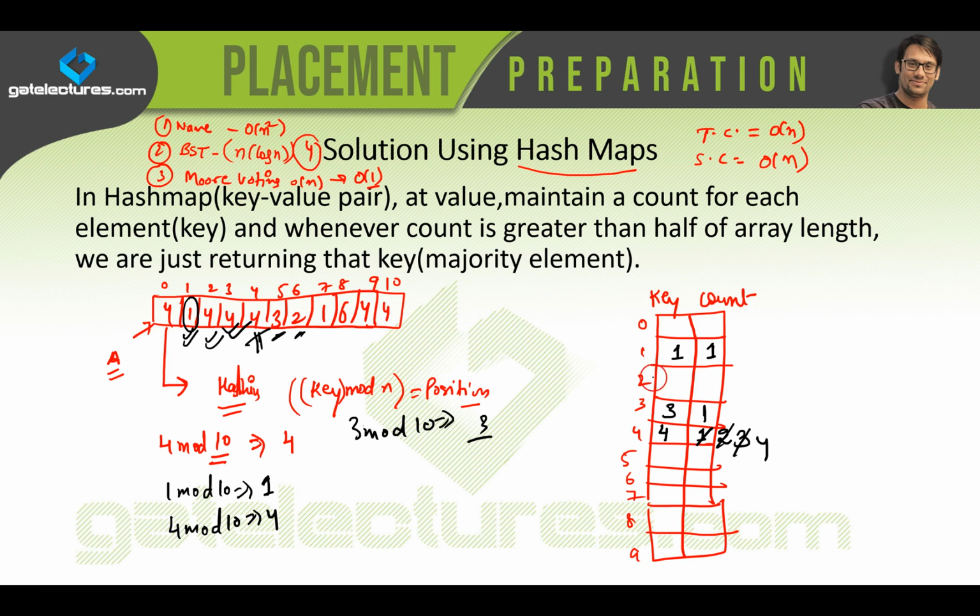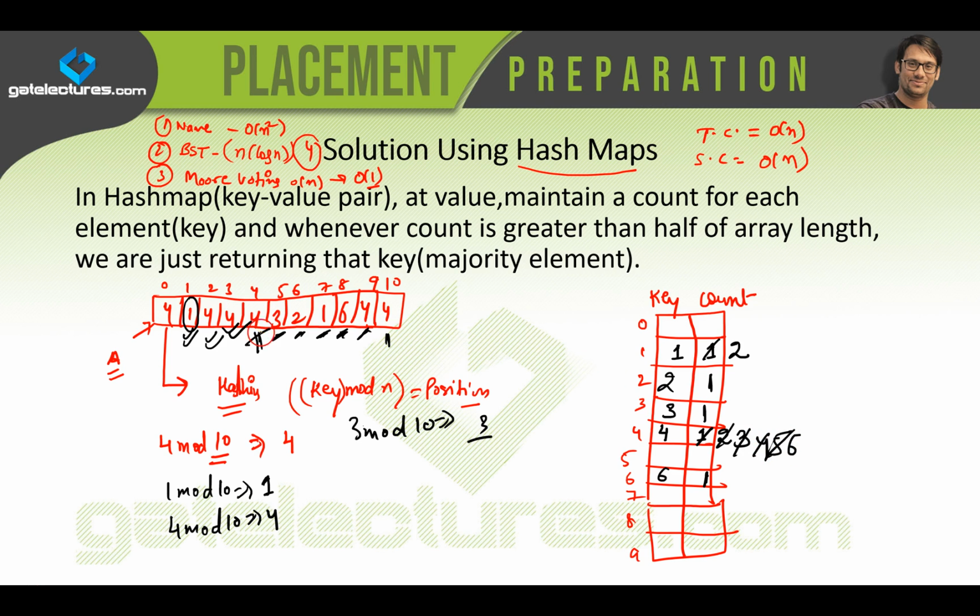Next number is 2, so 2 will be stored here and the count will be 1. And the next number is 1, so 1 is repeating again, therefore the count of 1 will become 2. Next number is 6, so 6 will be stored here with the count 1. Next number is 4, the count will be 5. Next number is 4, the count will be 6.